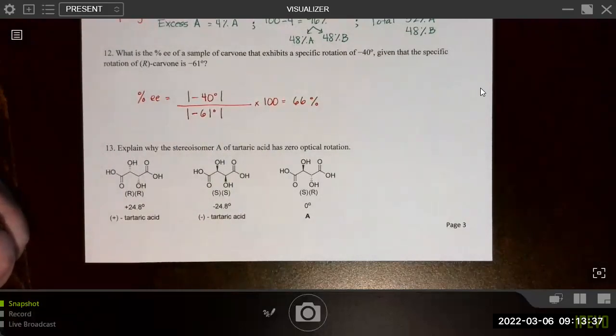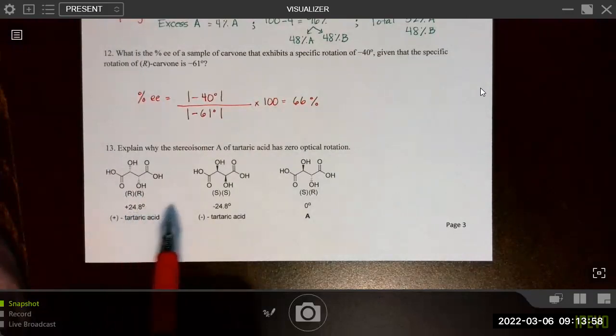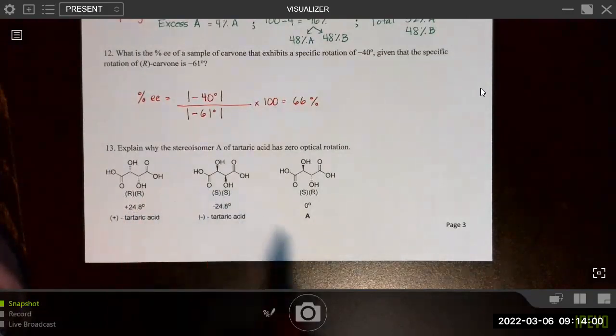And then last question, number 13: explain why the stereoisomer A of tartaric acid has 0 optical rotation. So we notice that this stereoisomer, which has an RR configuration, is rotating positive 24.8 degrees. Its enantiomer is rotating negative 24.8 degrees, but this one rotates 0.